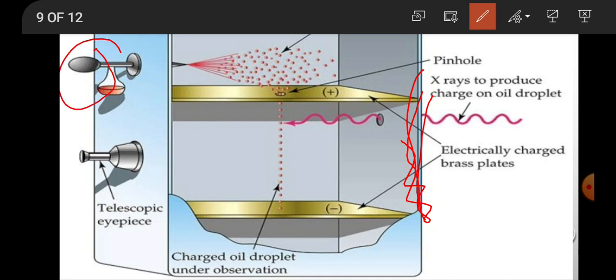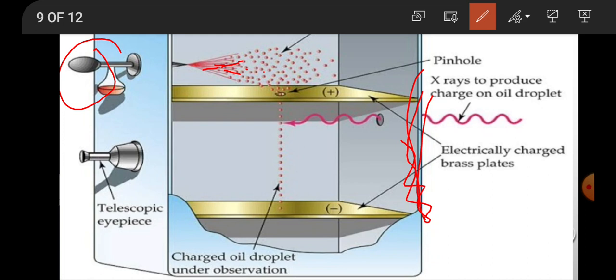Now this is the atomizer. It is just like a perfume spray, except instead of spreading perfume, it is spreading oil, in tiny little droplets, and these droplets spray out into this area.